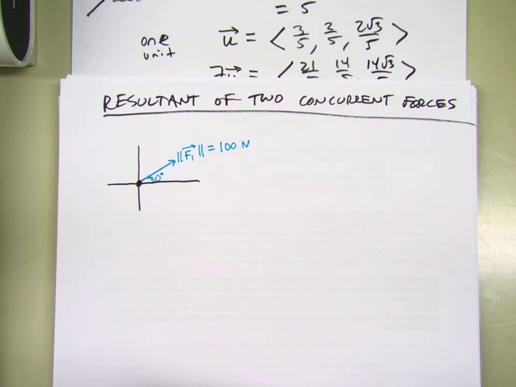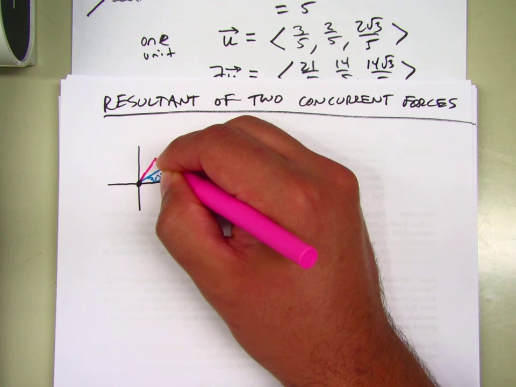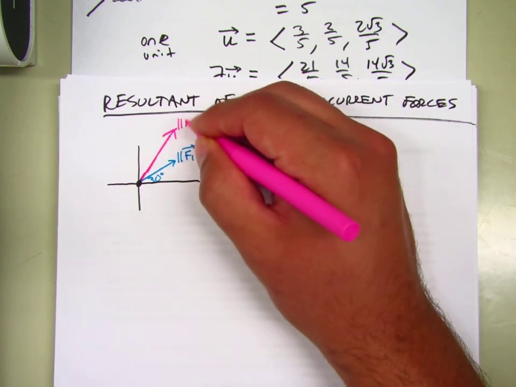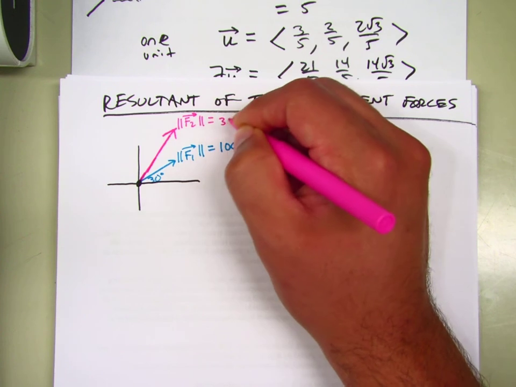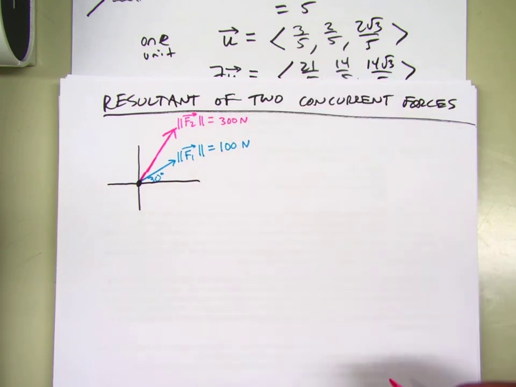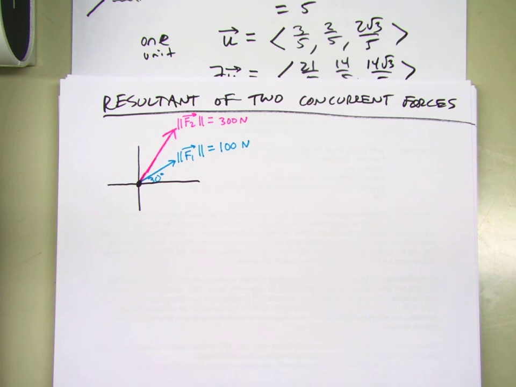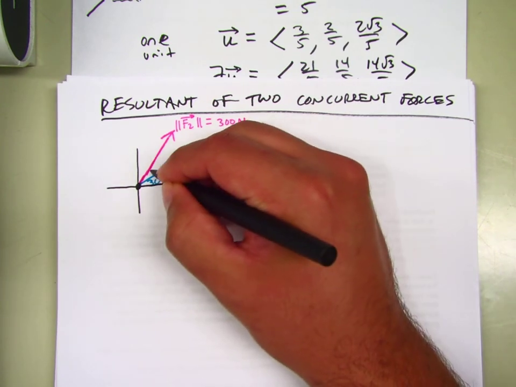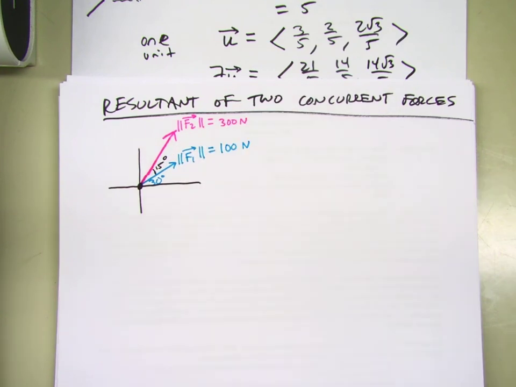And let's say we have another one, we'll call it F2. And let's say that this length is 300 newtons. So this force has 300 newtons, this one has 100. And let's go ahead and say that this is a 30-degree angle, and that this here between the blue and the pink is another extra 15 degrees.